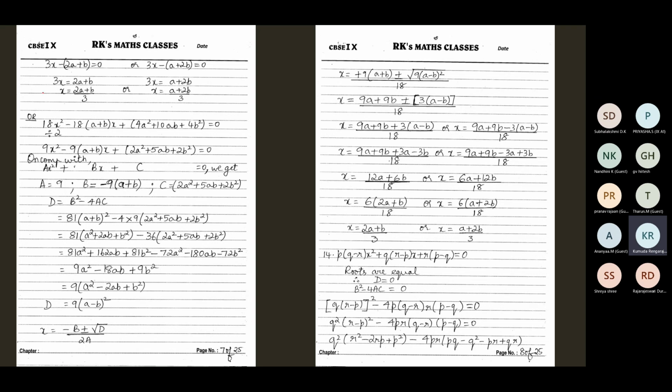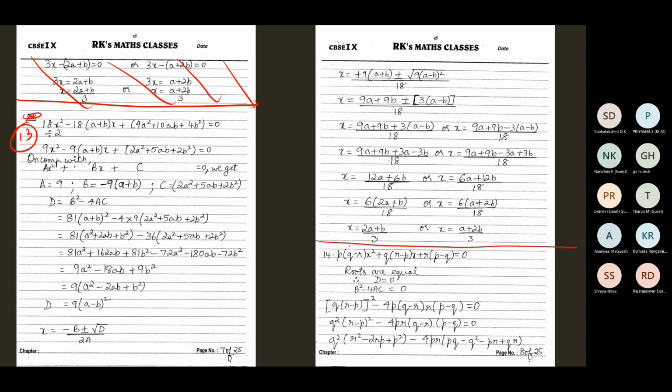So it starts here. You can see, forget this. Okay, this is the other method till here. From here, this is the 13th one. This is the alternate method using the quadratic formula. You can see it here. This is the 14th one.